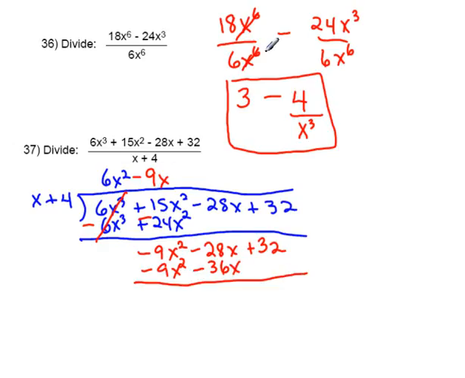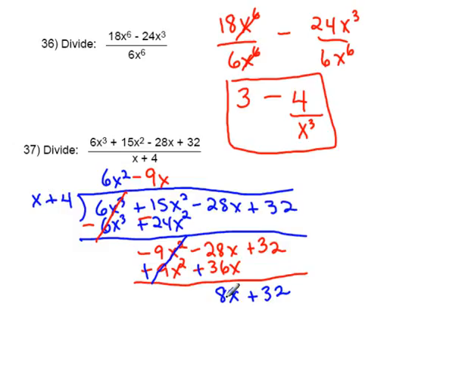And now we want to subtract. That means change the signs. First terms always cancel. Bring down the rest of the problem. Negative 28x plus 36x is positive 8x plus the 32.